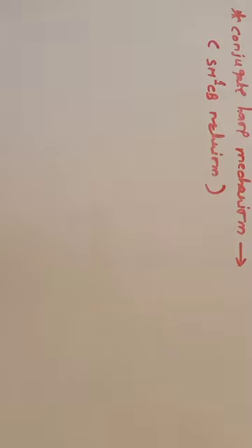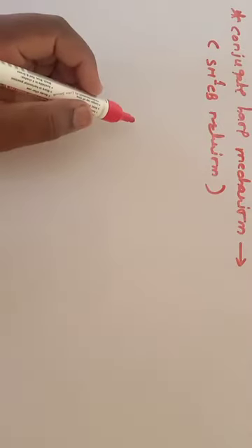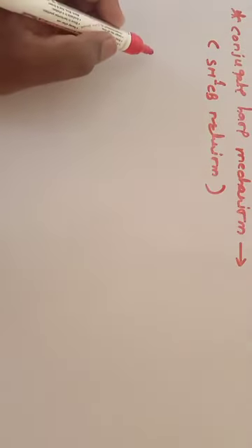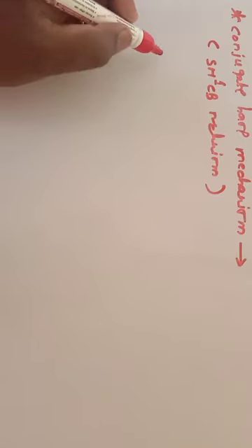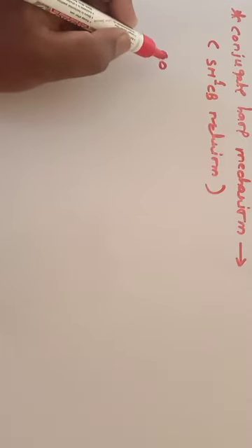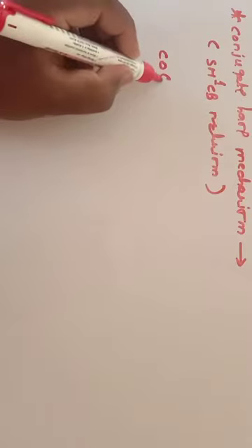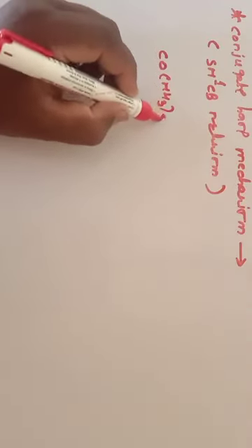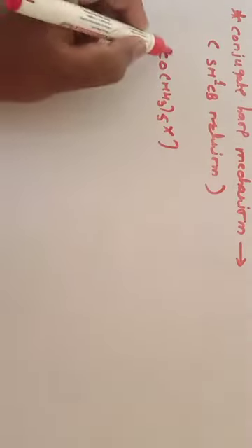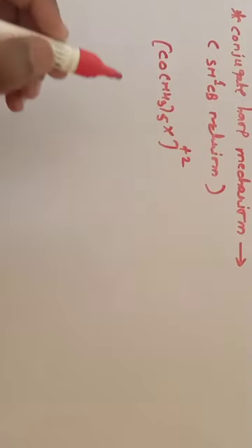Before discussing this conjugate base mechanism, you should remember: if you consider Co(NH3)5X, it is in 2+. This is the cobalt complex.